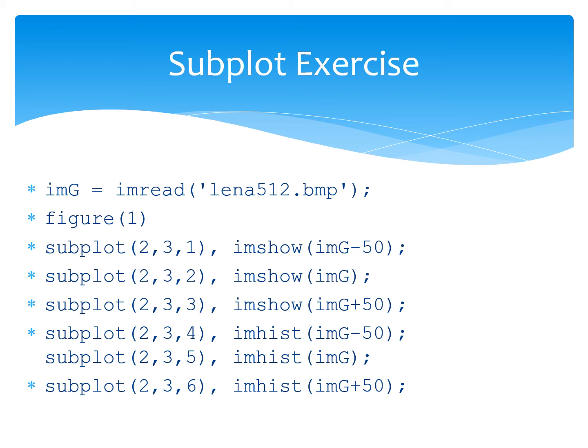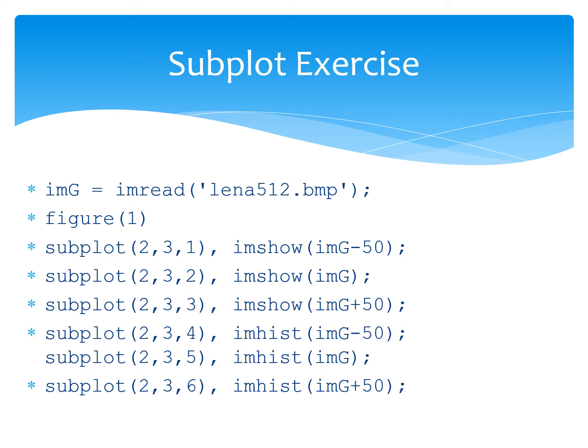The right subplot in the first row is numbered as 3. We continuously number the subplots in the second row, where the left subplot in the second row is numbered as 4. The center subplot in the second row is numbered as 5. And the right subplot in the second row is numbered as 6.